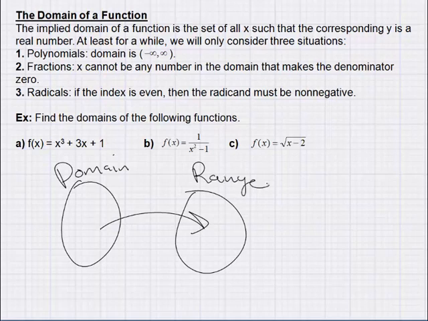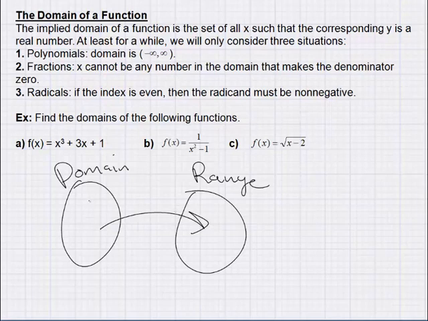Okay? So remember, the definition of a function. Each x gets matched to exactly one y. So each value in my domain gets matched to exactly one value in my range. Well, if that's the case, I gotta make sure that my domain contains values that go somewhere, that give me an answer.